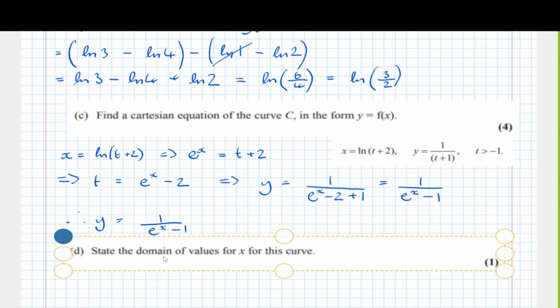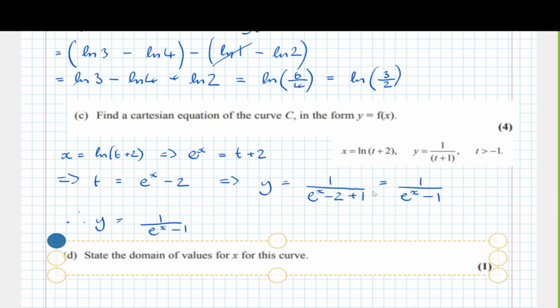State the domain of values for this curve. So you'd be forgiven for thinking here that t could be anything bigger than minus 2, because log 0 and below would break it. But actually there's a further restriction here. It's made the domain smaller than it needed to. T is bigger than minus 1. So the smallest value of t is minus 1.